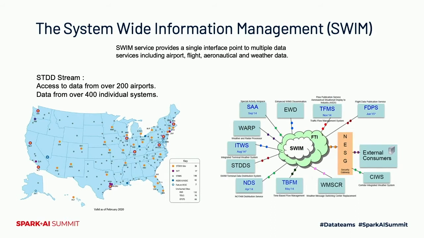So most of these objectives could be achieved by using the FAA SWIM service as a major component of the commercial flight database system. Let's start with understanding what the SWIM service is.